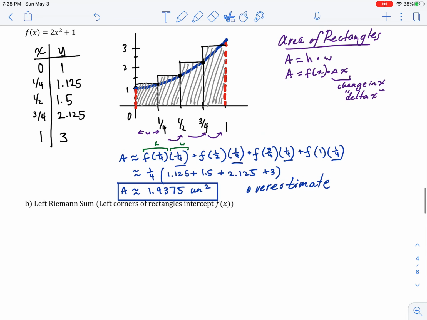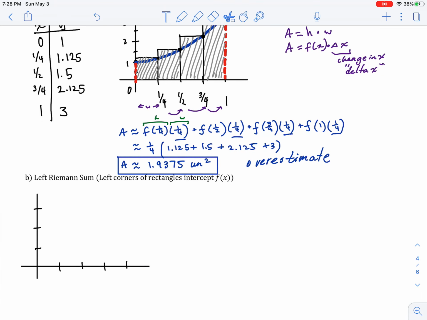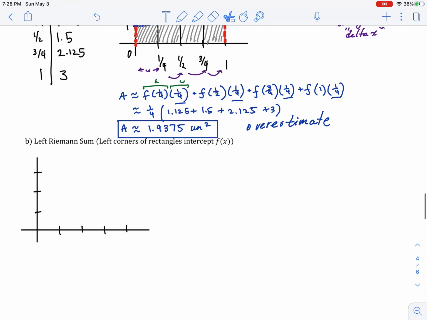Okay. So I'm going to take the same scale that I used previously to do a left Riemann sum. And this time, let me plot my points again. So this was 1/4.